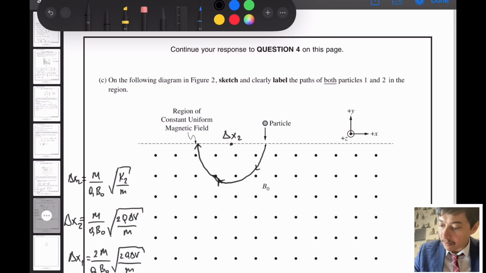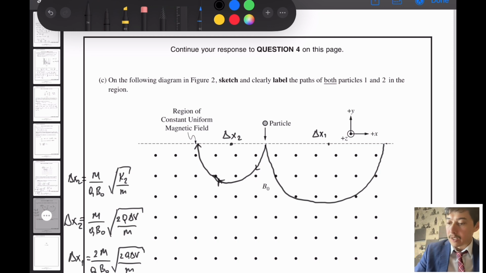So if it is coming here, it must be coming somewhere here. So we will do our best to draw that. So this is delta x1. The point here is delta x1 is equal to 2 times delta x2. And it's going to move like that.